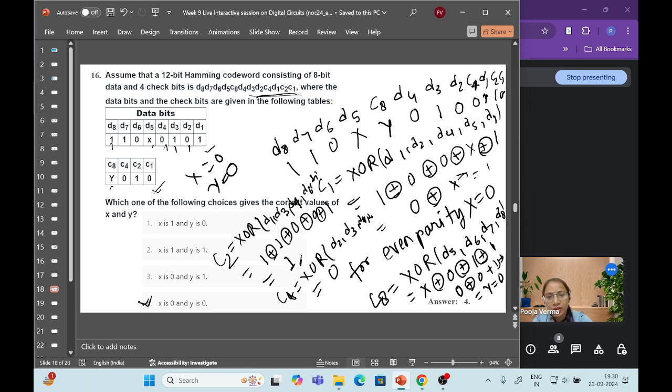We have C1 is equal to 0 XOR X. So if C1 is given as 0, then 0 is equal to 0 XOR X. In order to find the value of X, 0 XOR 0 gives 0 only. So X is equal to 0 and Y is equal to 0 for that.